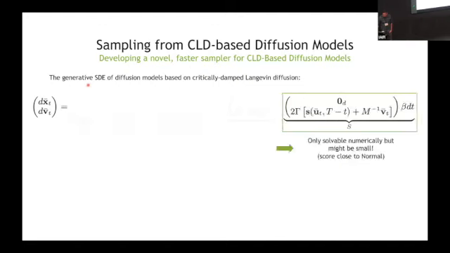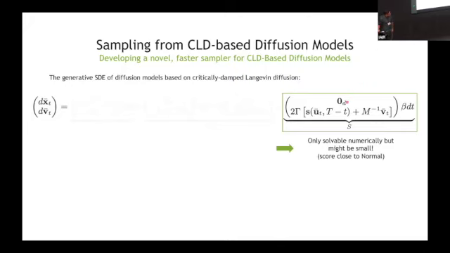Then we have this other term, where S denotes the score for which we learn a neural network. Only that term defines the part of the stochastic differential equation that we cannot simulate analytically, so it's only numerically solvable.